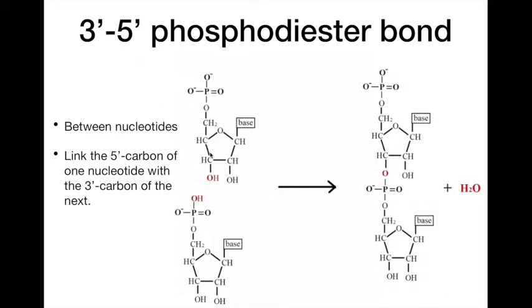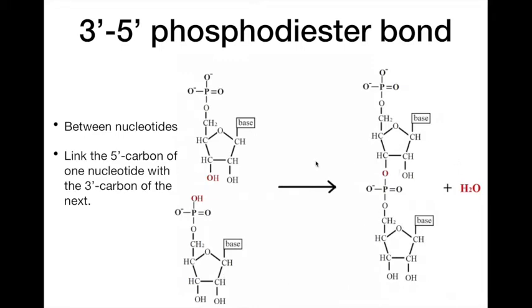It happens between the hydroxyl that is attached to the 3' carbon of the sugar of the first nucleotide, with the phosphate group which is attached to the 5' carbon of the next nucleotide. And this is called a phosphodiester bond.